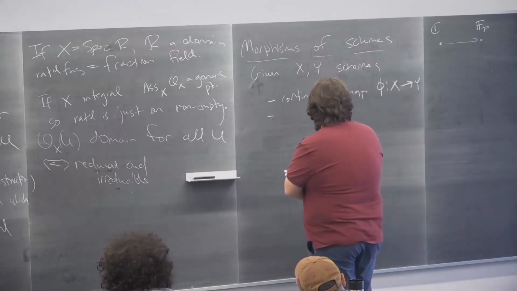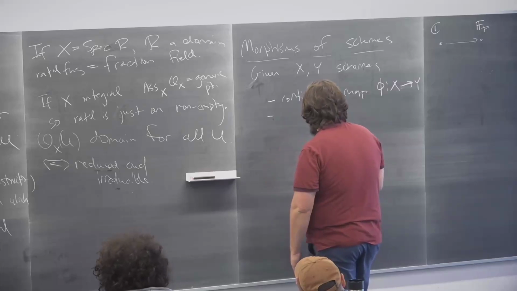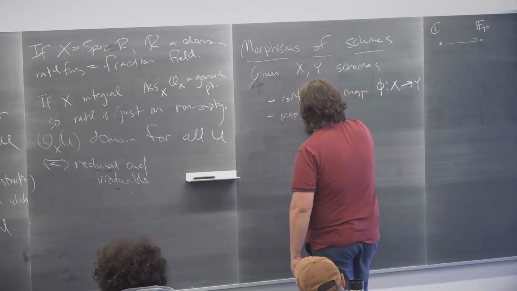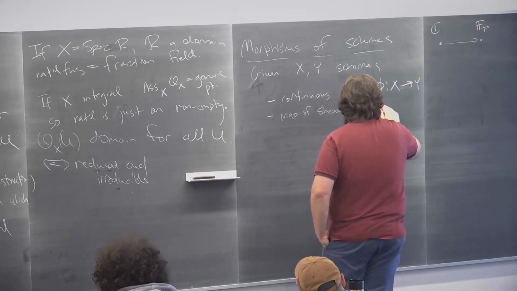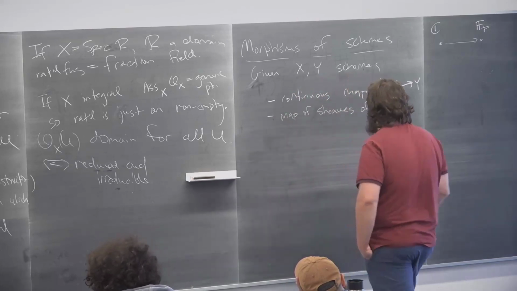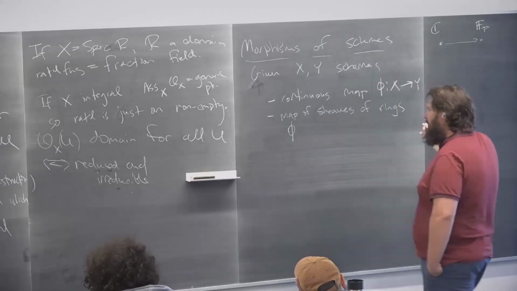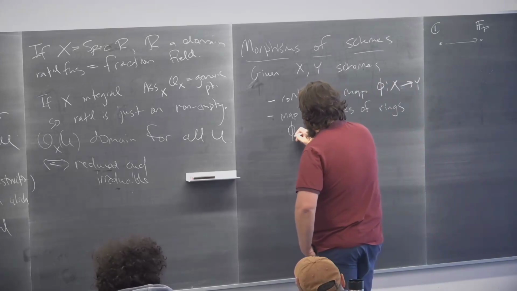Okay. The easiest way to do this is a map of sheaves of rings. But I have two sheaves and they're on different spaces, so I need to compare them.